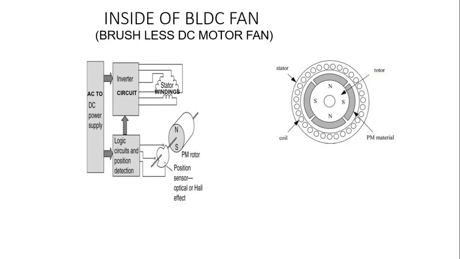Similarly, the power keeps on shifting from one coil to another. That is how a rotating magnetic field is generated. The rotor, being a permanent magnet, just gets attracted towards this rotating magnetic field and it rotates. This is, in simple language, how the BLDC fan works.